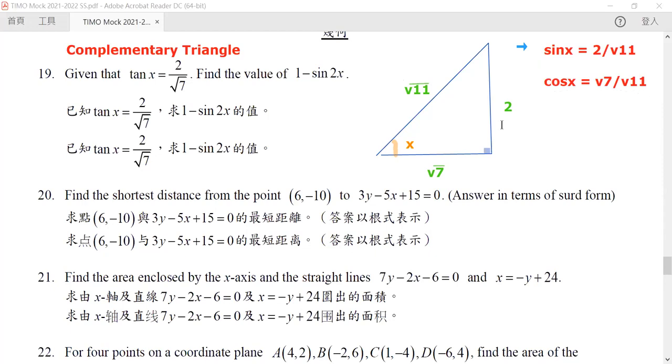Notice that if we know these two values, we can immediately find sine 2x, because sine 2x is exactly equal to 2 sine x multiplied by cosine x. This is the identity: sine 2x is equal to 2 sine x times cosine x. So by multiplying them together, we know that our answer will be equal to 4√7/11.